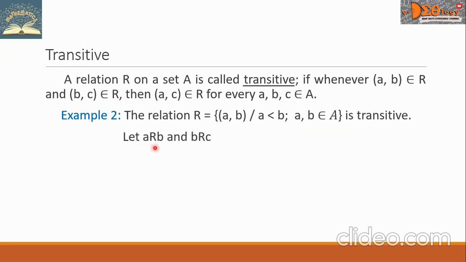Let A be related to B and B related to C. It follows that A is less than B and B is less than C. It implies that A is less than C. By this inequality, we can write A is related to C. This is the final answer.